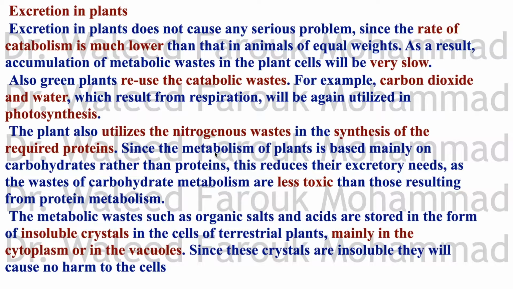And also the plants reuse the catabolic wastes, like for example the carbon dioxide and water produced by respiration. It's utilized in photosynthesis, and all of you know that. Also the plant utilizes the nitrogenous wastes in the synthesis of the required proteins.